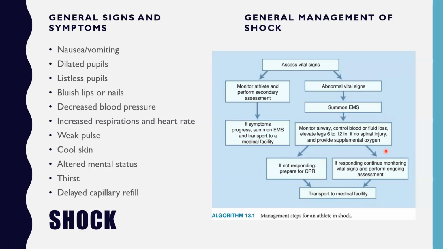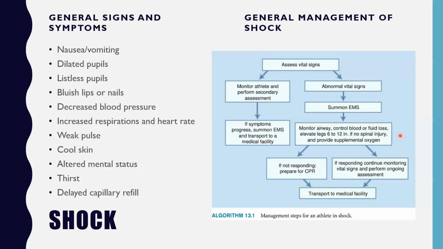So you're first going to start with identifying shock, and assessing vital signs is a good way to identify shock with all of these sorts of things associated with the vital signs that we looked at previously. If we do have these abnormal vital signs, we're going to summon EMS for that, control any loss of fluids, and maintain our open airway.